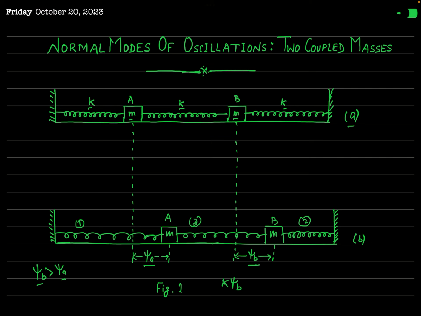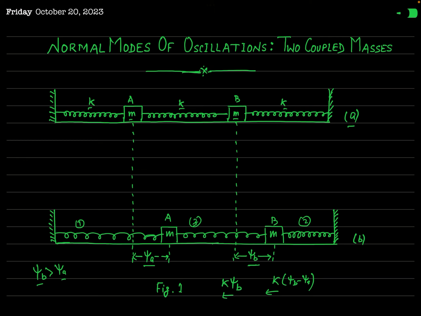And spring 2 is now compressed by psi B minus psi A, so it will exert a force on this block B which will be k times (psi B minus psi A), and that will also be in the direction of this k psi B because it has been compressed.